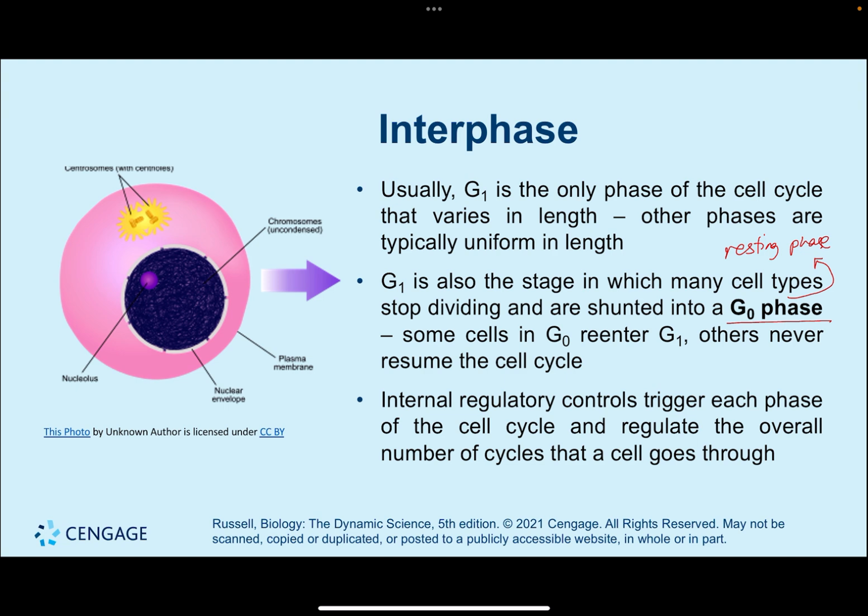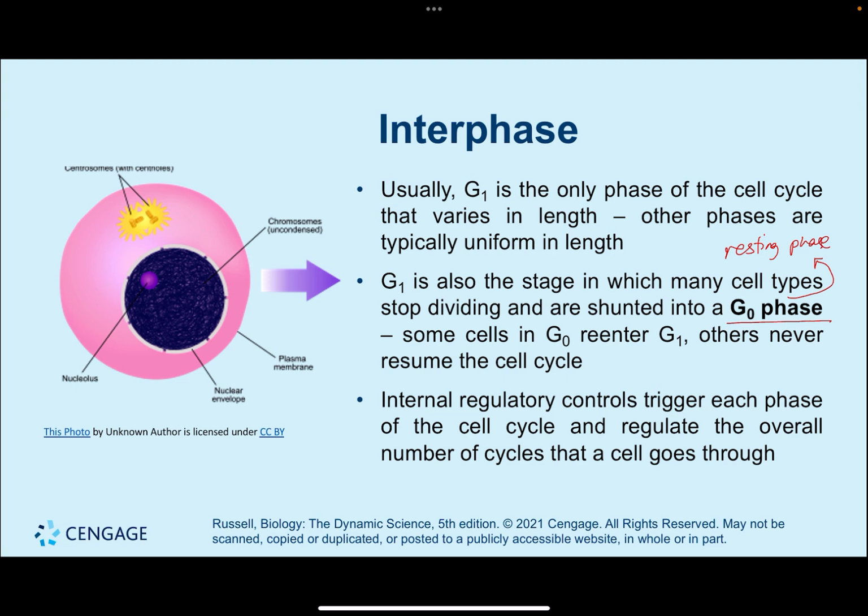They just stay as nerve cells and do their job as normal nerve cells. On the other hand, some cells can re-enter G1 again and start dividing again if needed. For example, our red blood cells. They can re-enter G1 and start dividing again if they need to do so.